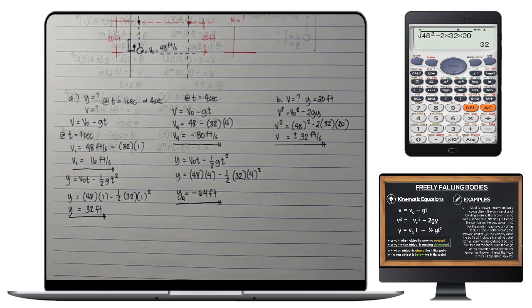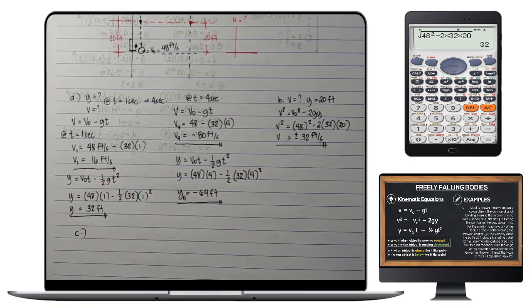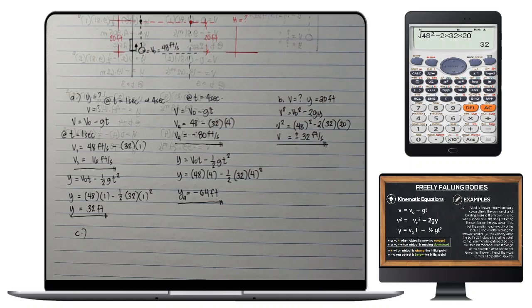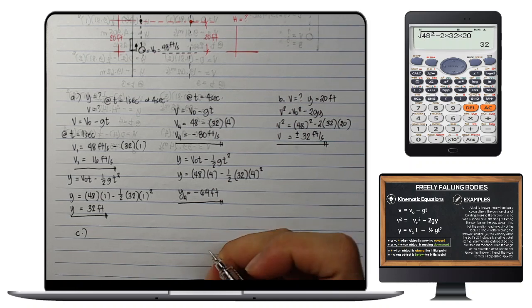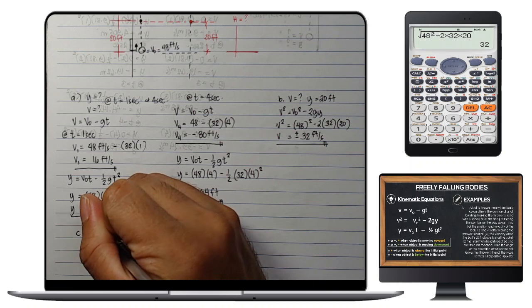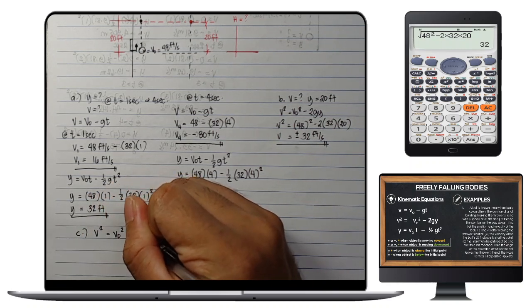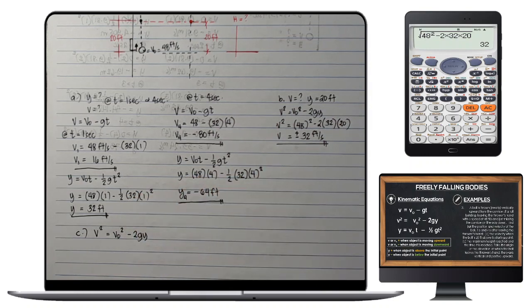In solving this, letter C tayo. Okay? So, for letter C, to find the value of the maximum height, since we do not have time, hindi natin pwedeng gamitin sa equation 1 and equation 3. So, we'll be using equation 2. We have V square is equal to VO square minus 2GY. Okay?